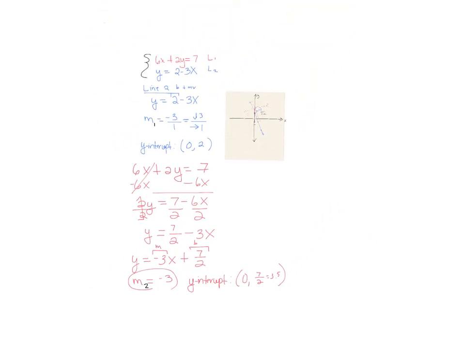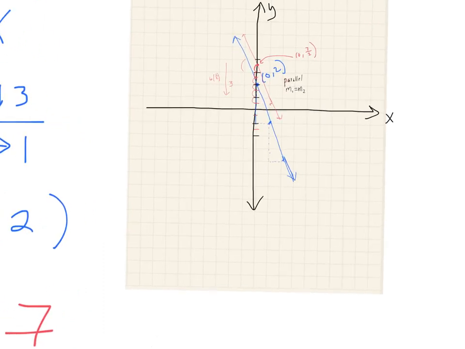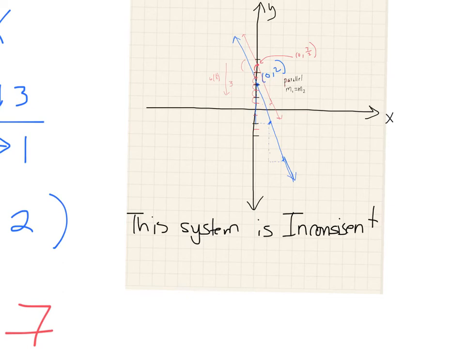We have a solution to this system when the two lines intersect. Well, where do they intersect? They don't intersect. So here we can say this system is inconsistent. There's no solution, or you can write the 0 with the slash, the empty set.